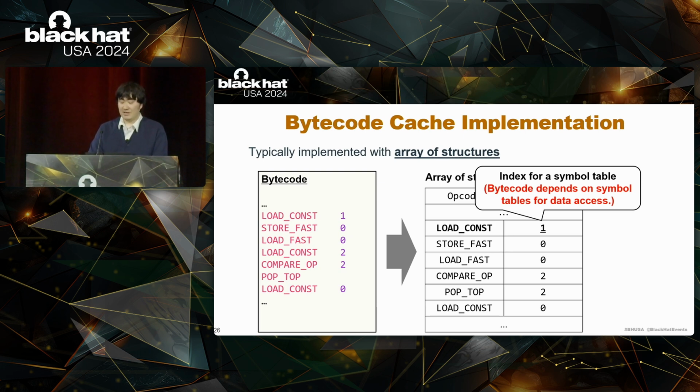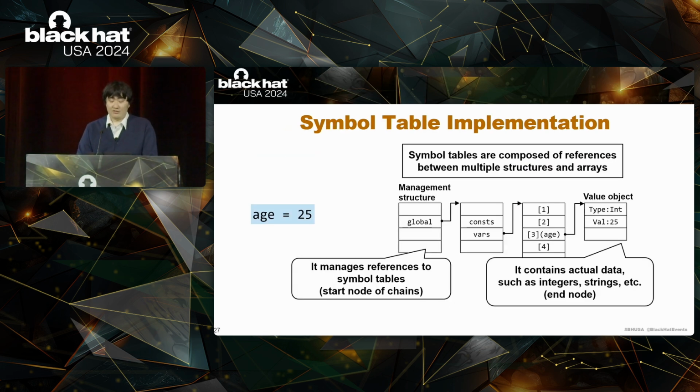In other words, bytecode depends on symbol tables for data access. An interpreter creates multiple symbol tables for global variables, local variables, and so on. A symbol table manages values we use in the script. Typically, it is composed of multiple structures and arrays.